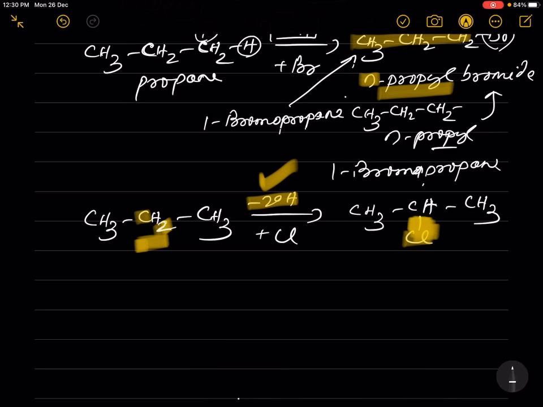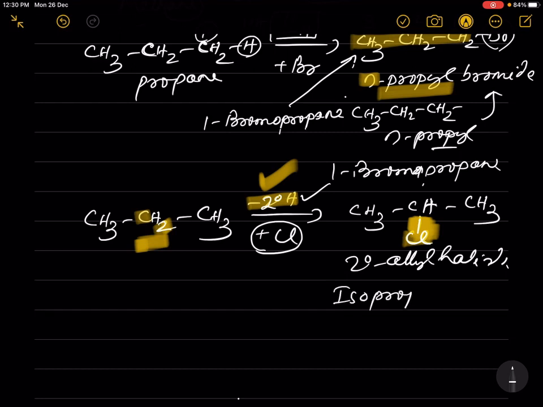So one H atom is removed and a chlorine atom substituted. So we are going to get a secondary alkyl halide, and its name is isopropyl chloride.